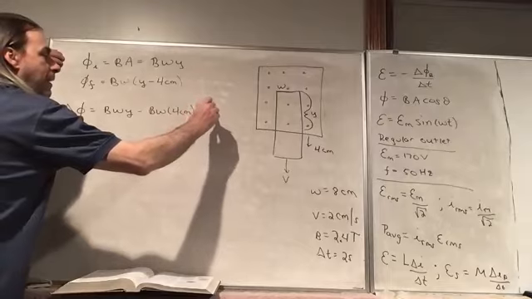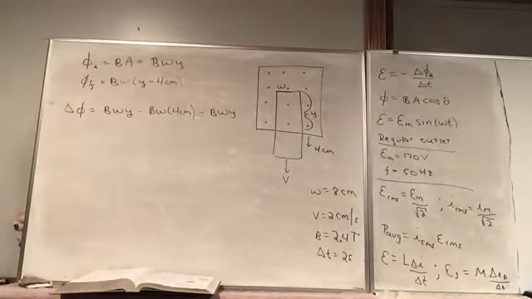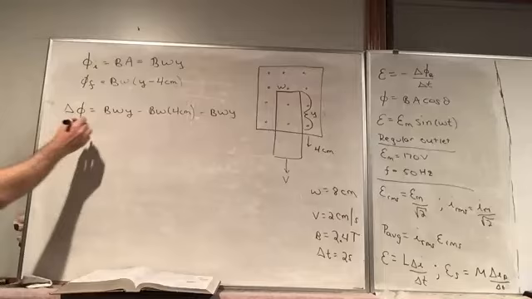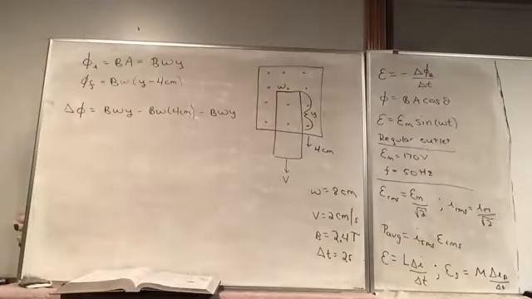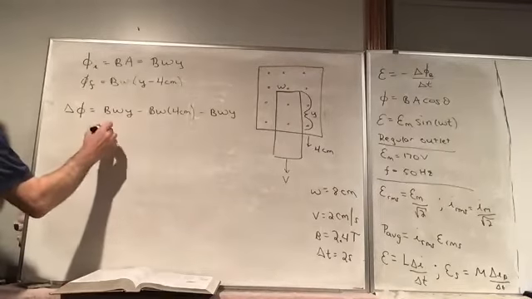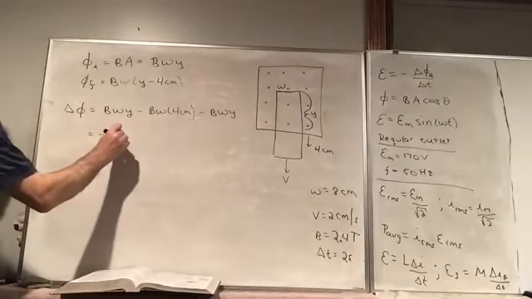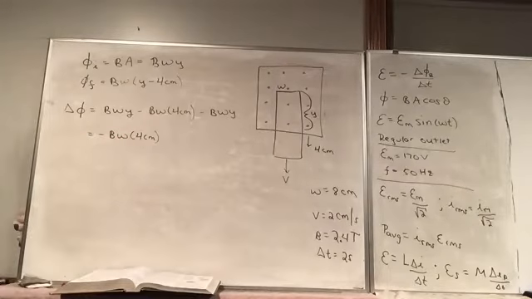So we subtract the initial. We just cancel out that term there. That's why we weren't given how much was initially in that region. So the change in flux would be minus BW times 4 centimeters.